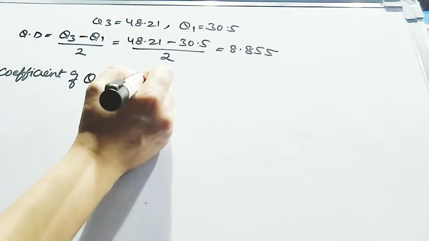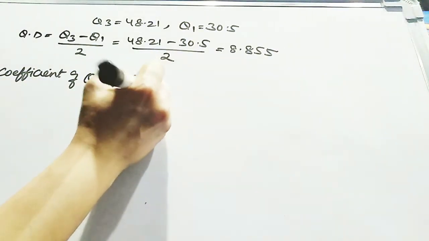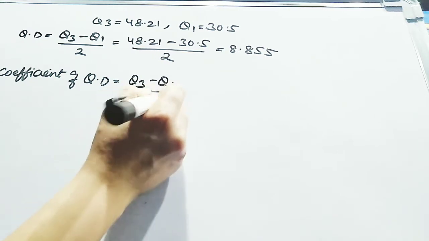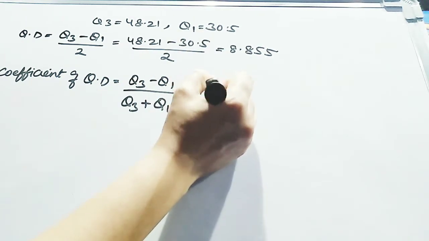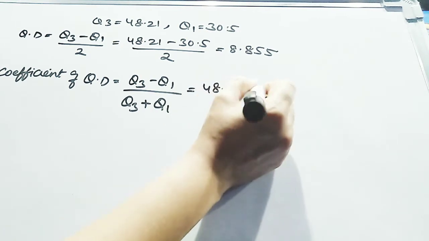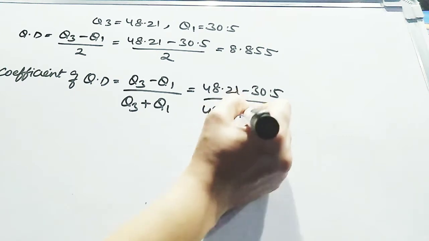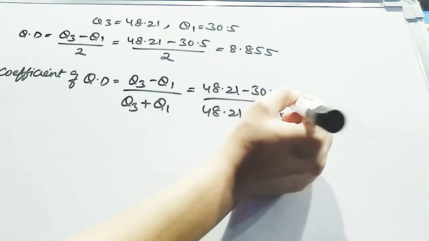What is the formula of coefficient of QD? It is Q3 minus Q1 upon Q3 plus Q1. Just substitute the values: 48.21 minus 30.5 by 48.21 plus 30.5. Just use your calculator, you will get one value.